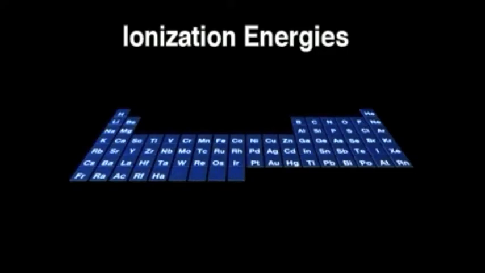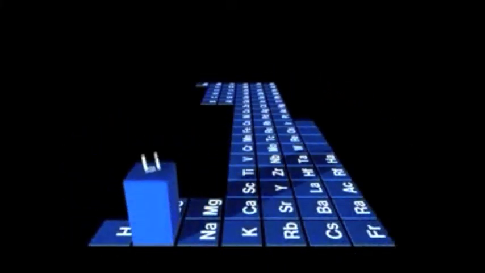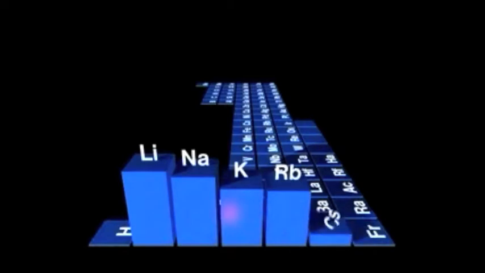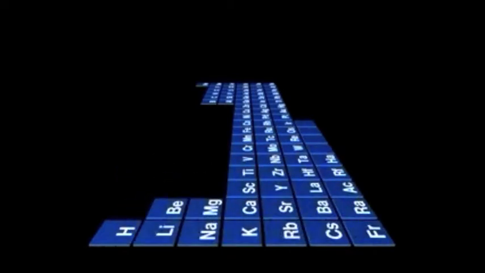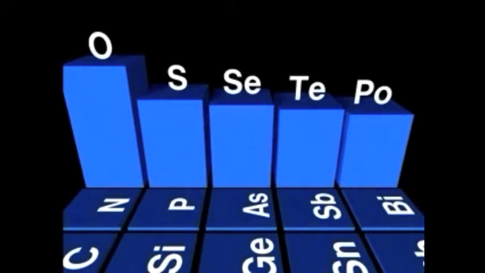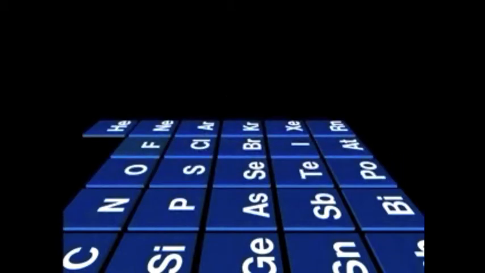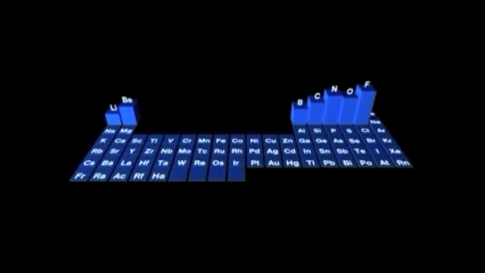The first ionization energy is the energy required to completely remove an electron from a neutral atom. Ionization energy generally decreases as we move down a group because the outermost electrons are increasingly distant from the nucleus. Less energy is required to completely remove the first one. As we move from left to right in a given row, the ionization energy increases dramatically because of increasing effective nuclear charge.